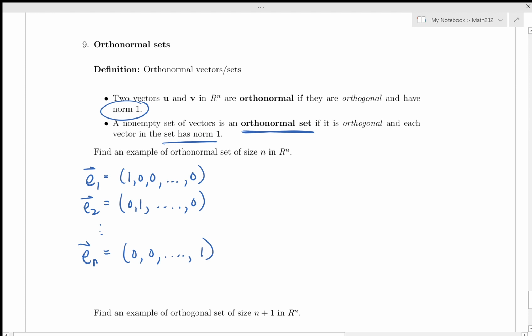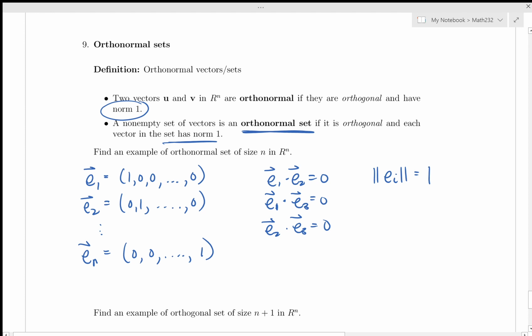You can take all the dot products you like here, E1 dot E2, you'll see that's 0, E1 dot E3, that is 0, then you can go E2 dot E3, you can continue through them all, they are all 0, and also the norm of each one of these guys is equal to 1, so they're all unit length.